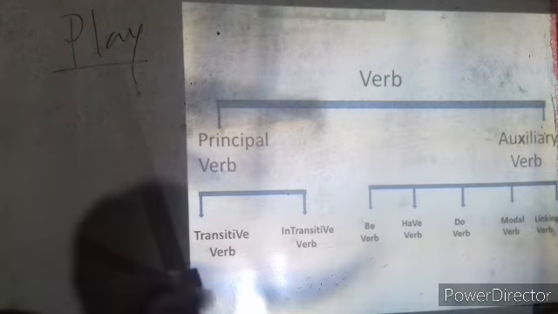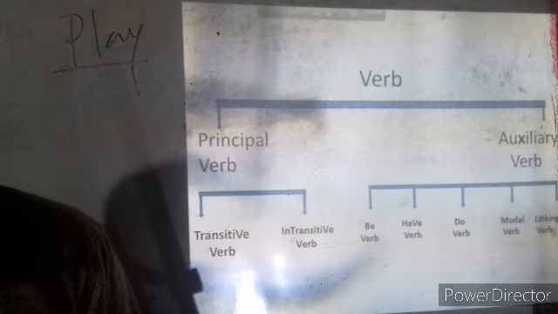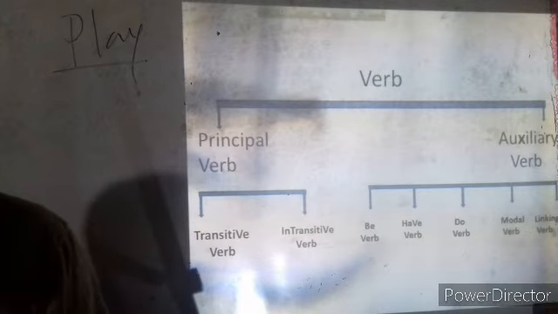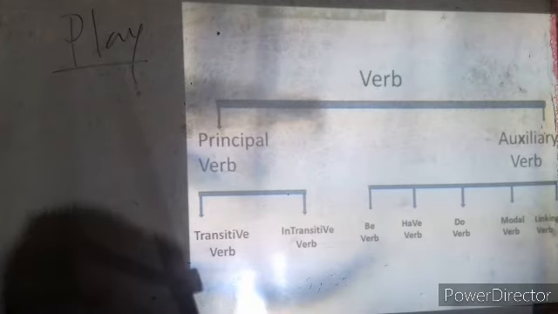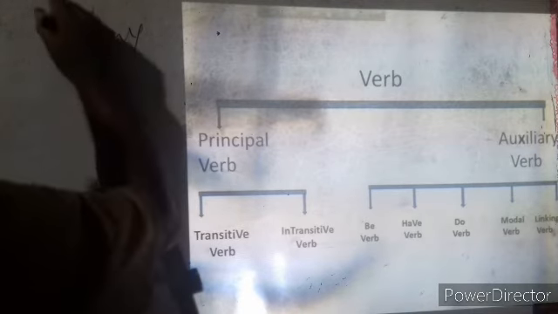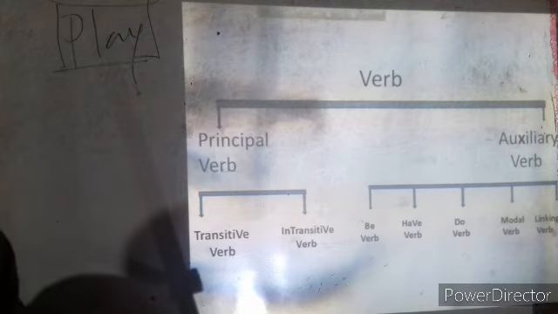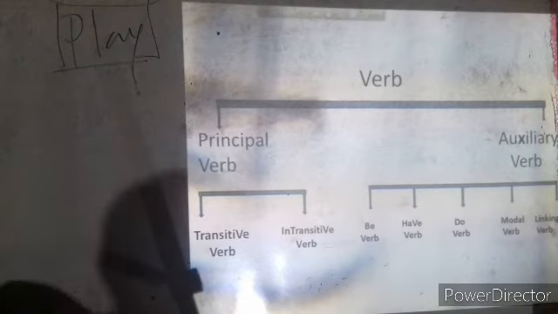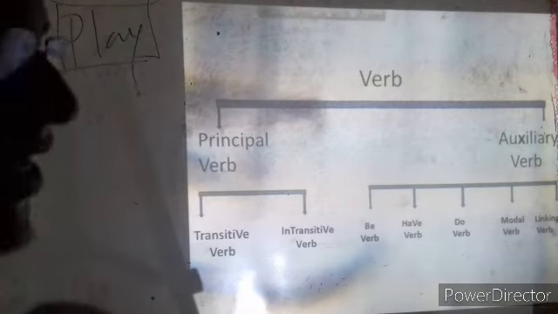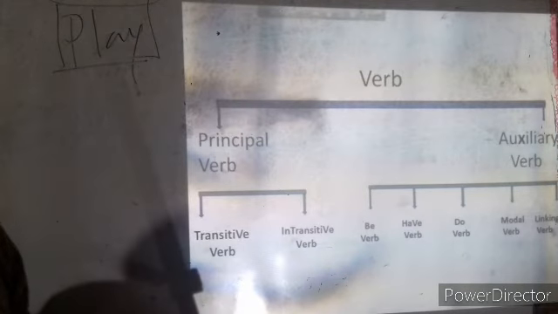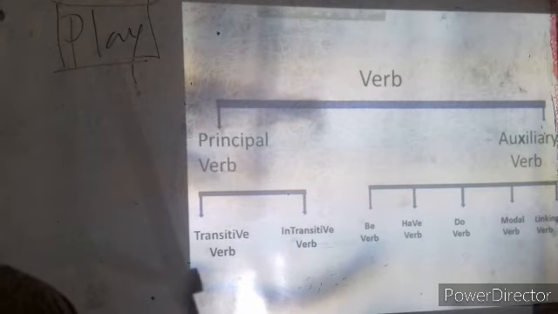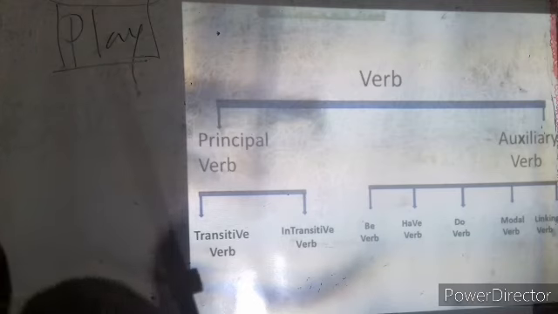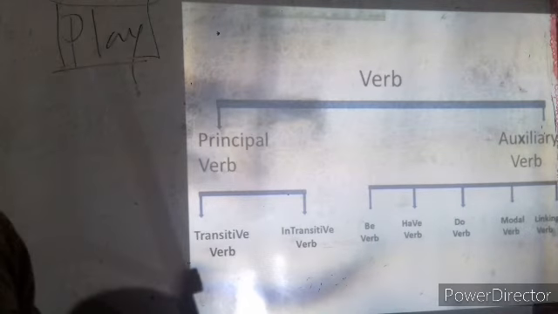Why? Because we don't know if it has any object. We don't know if we ask the verb play with what or whom. So it is difficult to identify. It may be transitive verb or intransitive verb. Both may be correct. How?